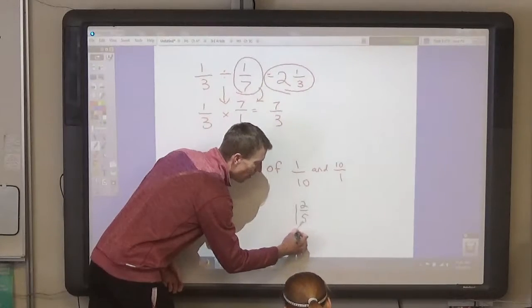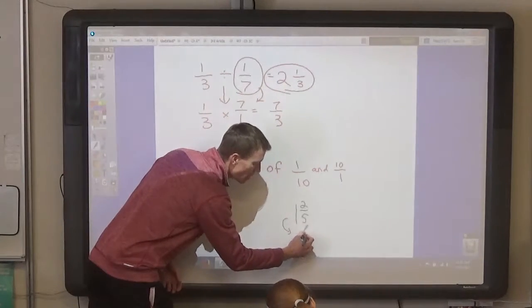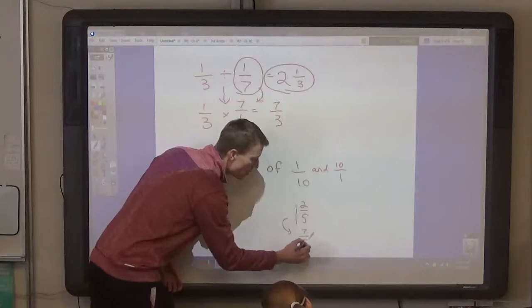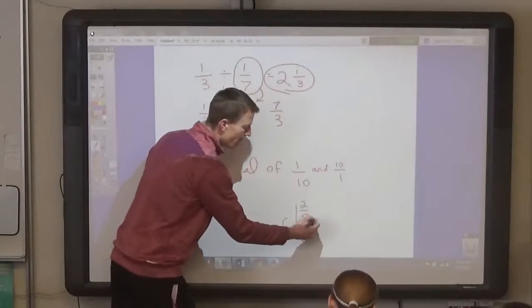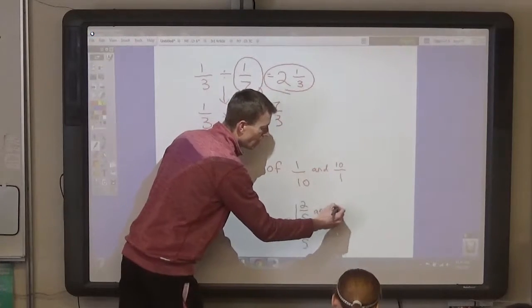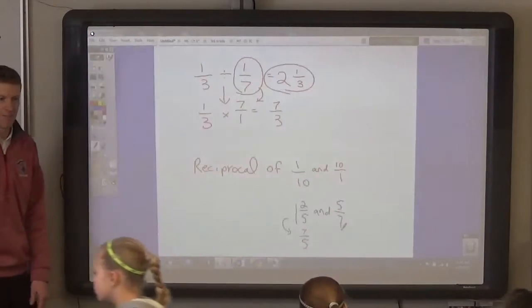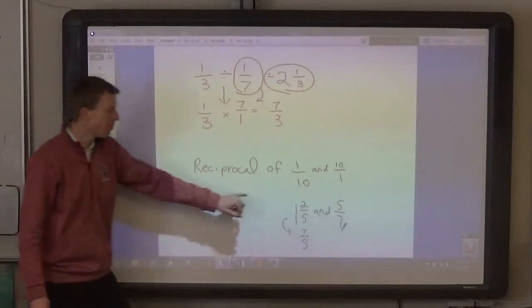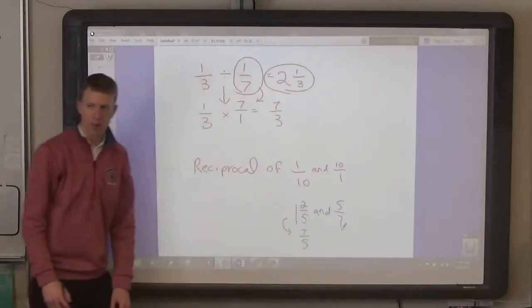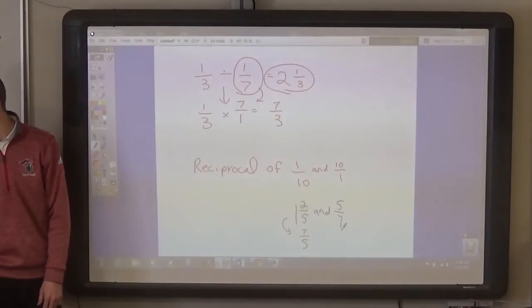Now, all we have to do is first find the fraction, 7/5, and then flip it. Good thinking. You have to find the fraction form first in order to find the reciprocal.